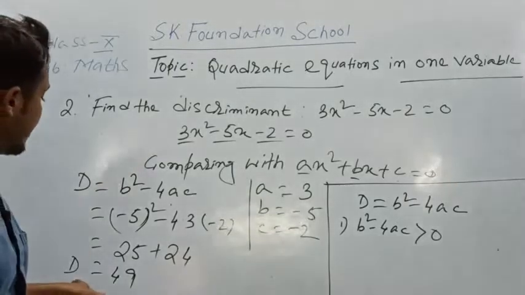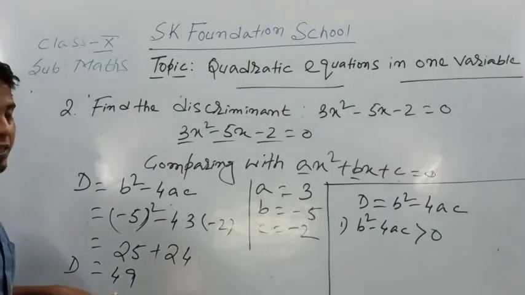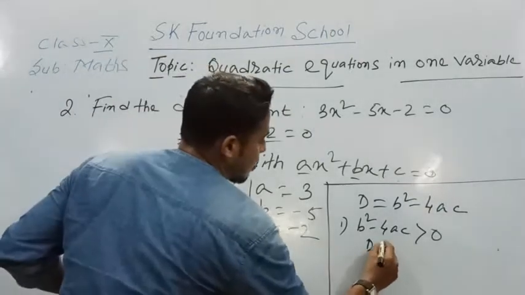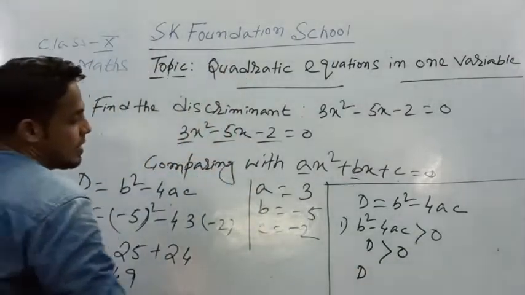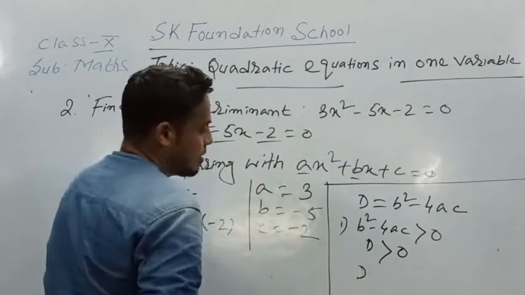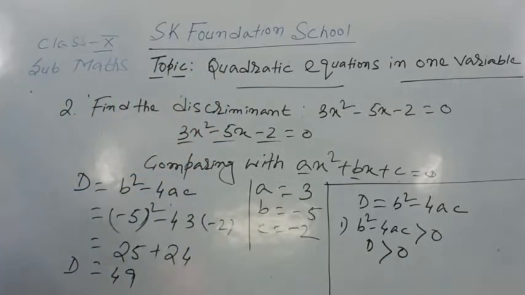Here the value of D equals 49, that means the value of D is greater than 0. So the nature of roots is real and distinct.